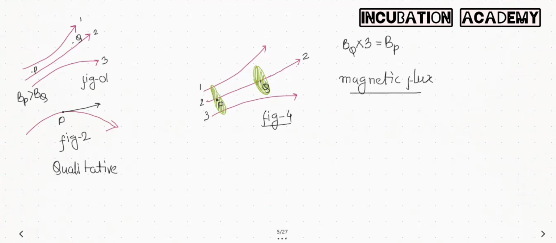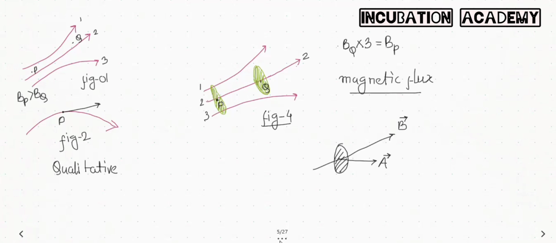If this is the magnetic field line, and you have considered an area around this particular point, then you have to find the area vector, and the area vector is perpendicular to the plane of the area.